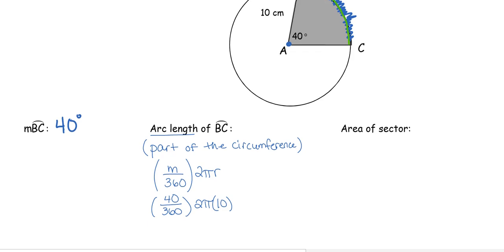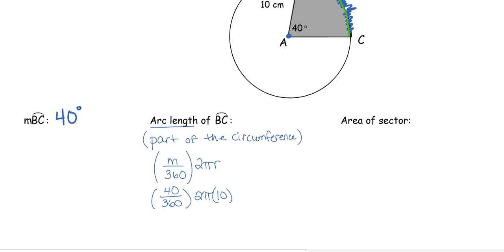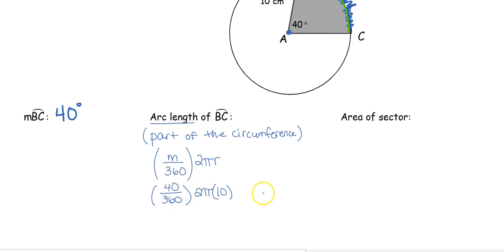From here, I'm going to go directly to my calculator. I'm not going to try to do any of this by myself. The one thing I'm not going to put in my calculator is pi. Pi is going to stay out of the calculator because pi is an irrational number. It's going to give you crazy decimals. So in your calculator, you're going to do 40 divided by 360 times 2 times 10.